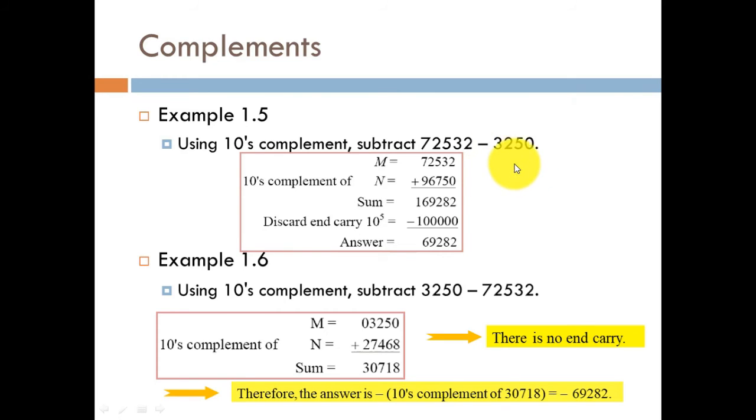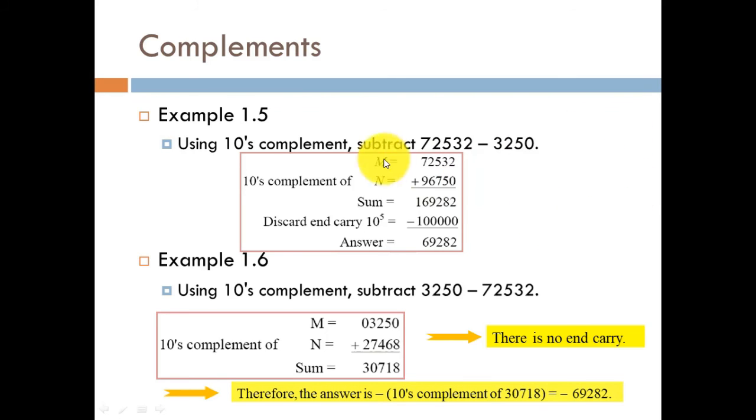We could directly subtract them, but if we want to perform the subtraction with the help of complement, we find the complement of this particular number and add it to M. Whatever value we get will be our answer.